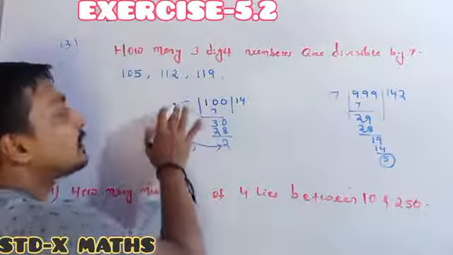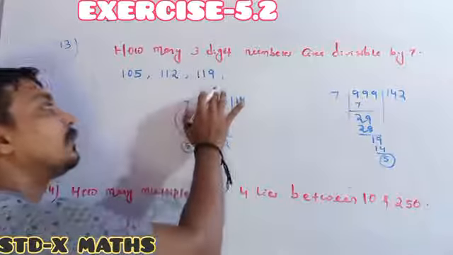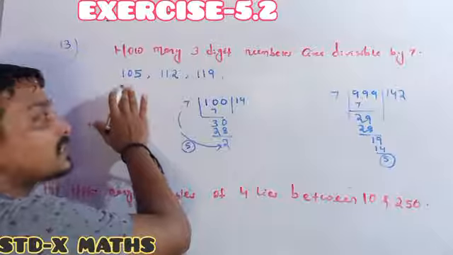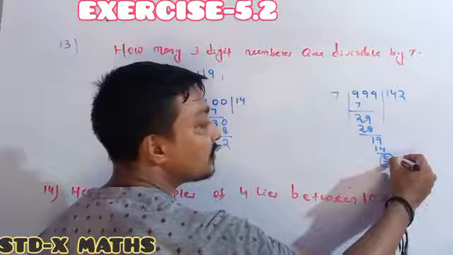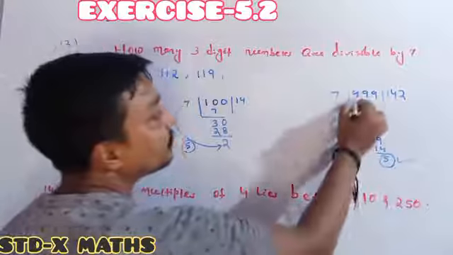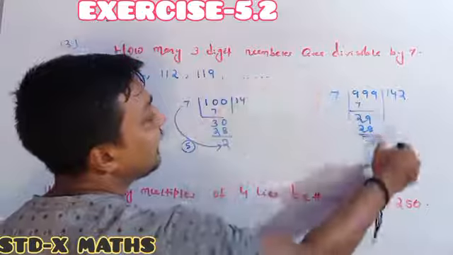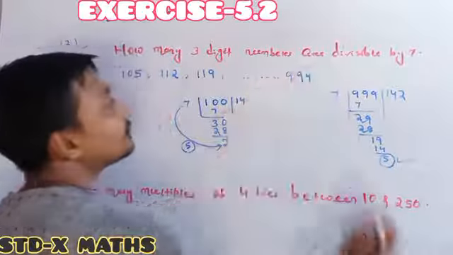Adding means the difference between the divisor and remainder is added to the dividend so that the number becomes the smallest. To get the smallest, you add; to get the greatest, you subtract. How much do you subtract? Directly 5. So 999 minus 5 becomes 994.